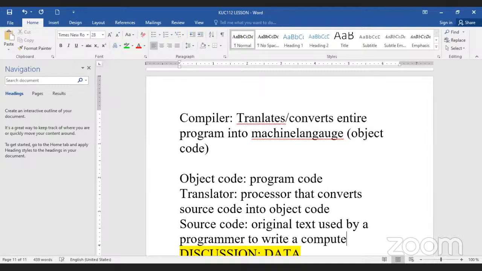Computer program. I hope you are making these notes, they are very important. In the exams, they will ask you to differentiate between a source code and an object code.